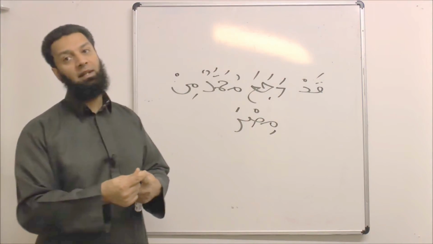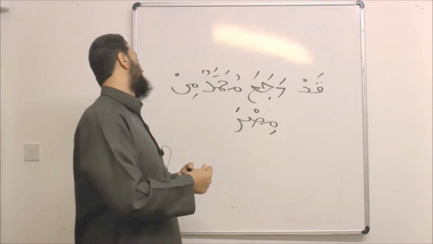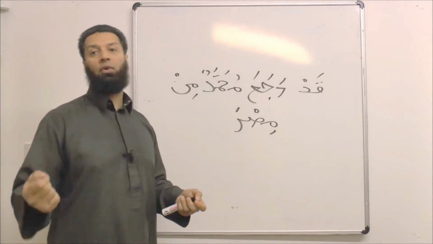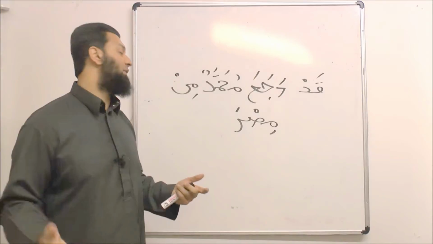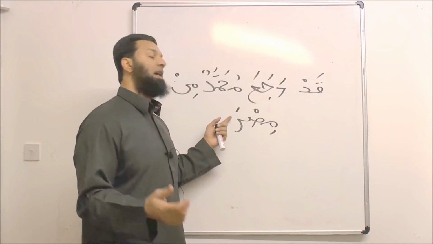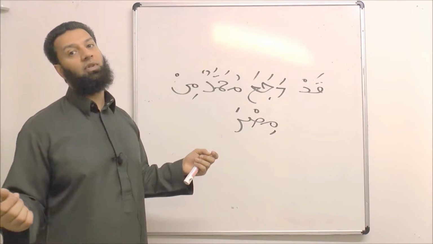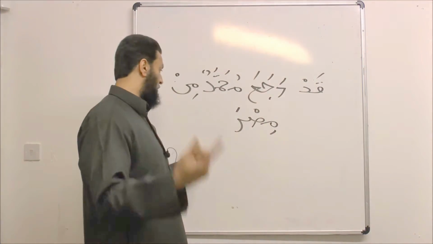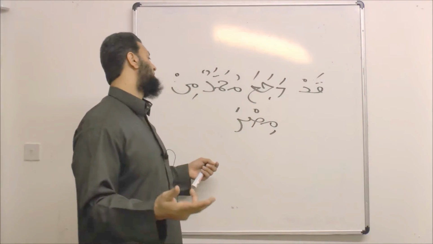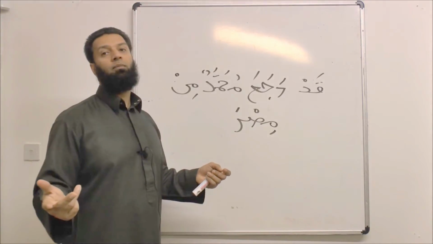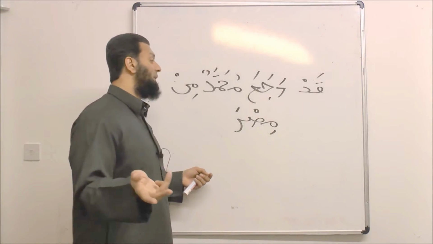So it should be makhfud, but it is not, for an 'udhr, for a reason, an excuse, and that is that it is mamnu' min as-sarf. However, what are the other indicators, if there are any? Does it have a tanween?